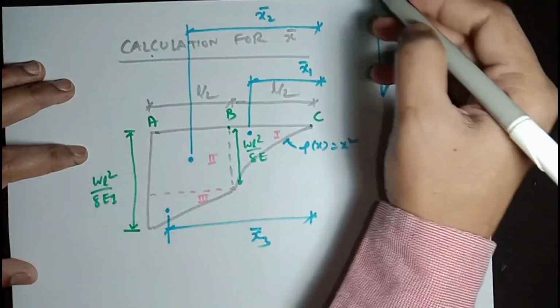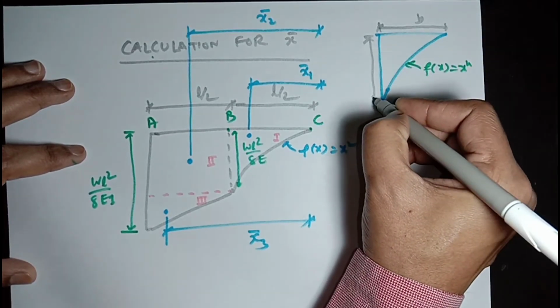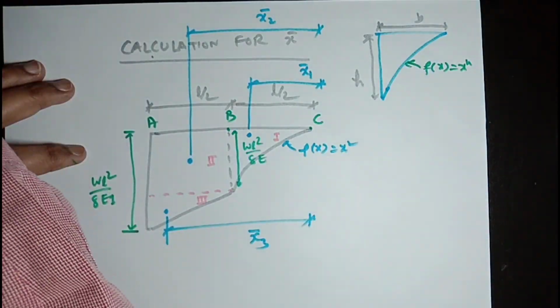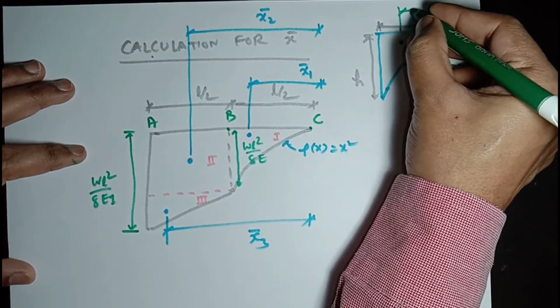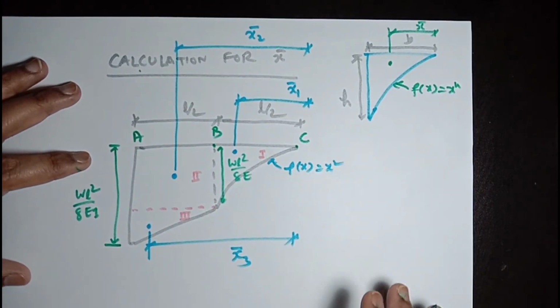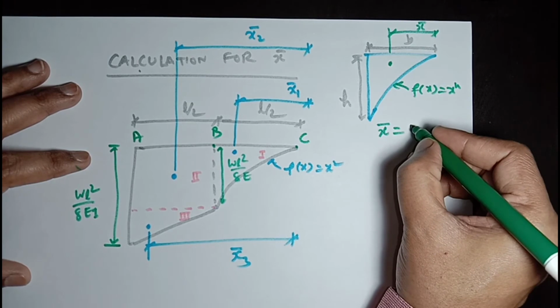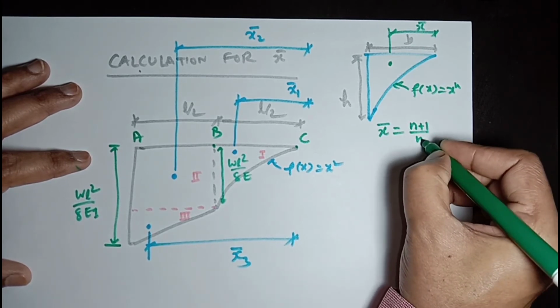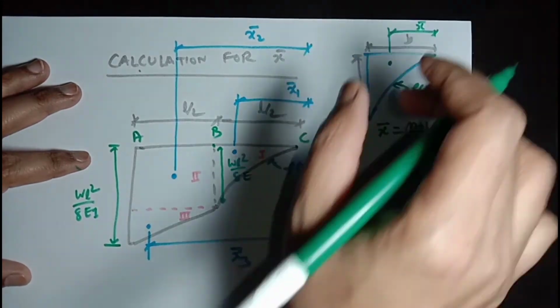This is the base length b and this is h, and centroid is here with respect to this point. Here this x bar from the general expression is n plus 1 divided by n plus 2 into base length b.